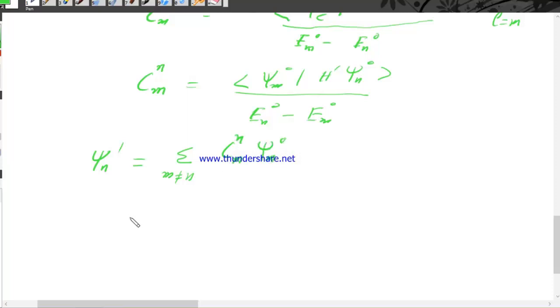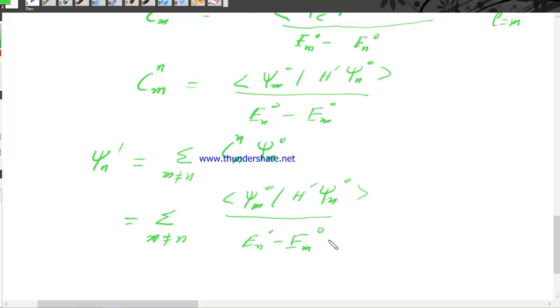We can put here the value of this, then ⟨ψm⁰|H'|ψn⁰⟩ divided by En⁰ minus Em⁰, and then ψm⁰. And this is the first order correction to the wave function. This is one of the fundamentals of wave mechanics.